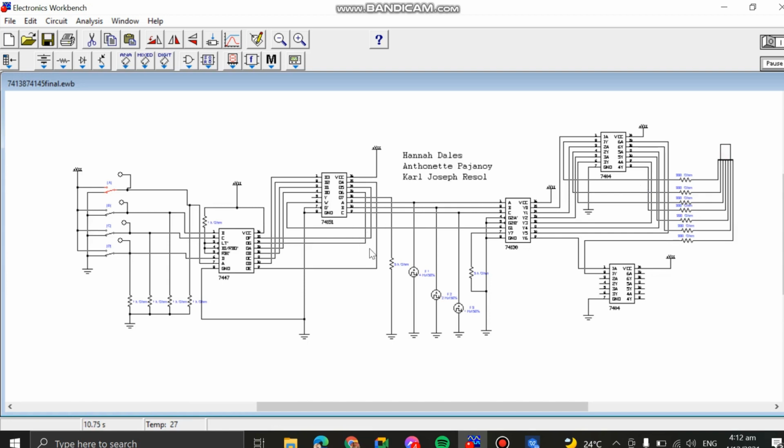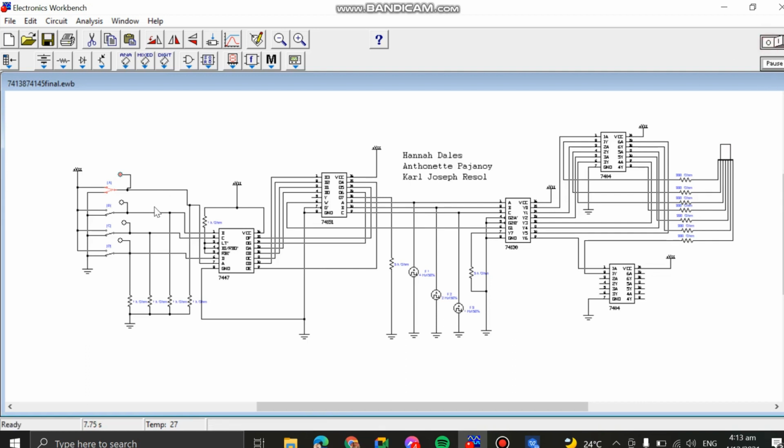Next is number 1. The input BCD is equivalent to 0001 and the high configuration is at letter A. So we put letter A and then the 7-segment display will show this blinking number 1, where the active segments are B and C. Next is number 2.